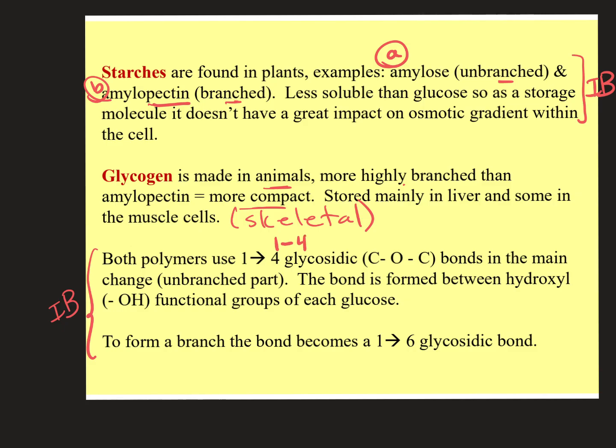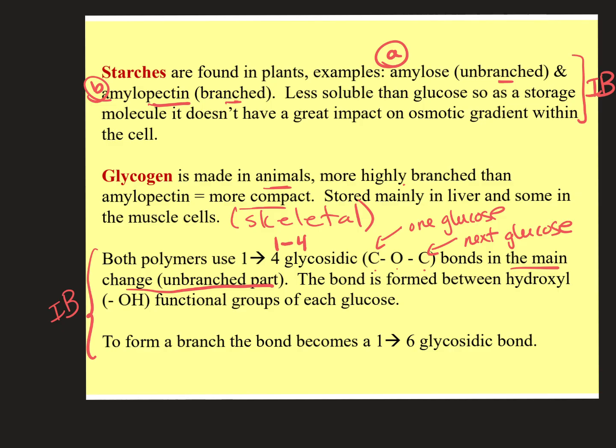Glycosidic. So it means it's a carbon-oxygen-carbon bond. So this is going to be one monomer, and this is the next glucose, and it's oxygen single bonded on either side there. And that is in the main, or the unbranched, part.